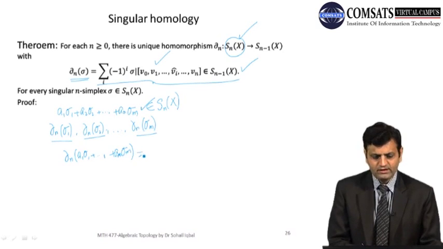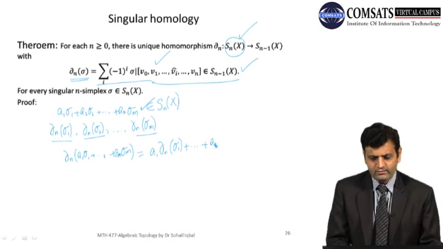So this is basically equal to a1 partial n sigma 1 plus a2 partial n sigma 2 up to am partial n sigma m. Okay, so this is what it means to extend this linearly.